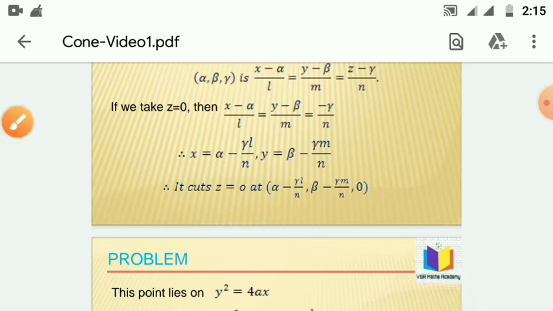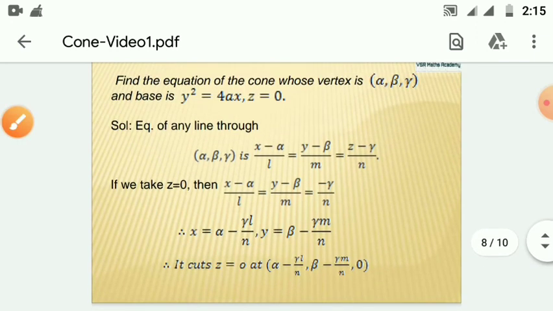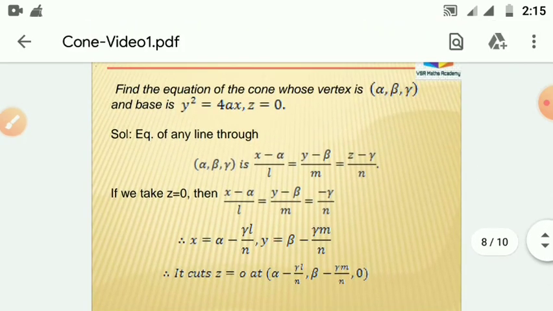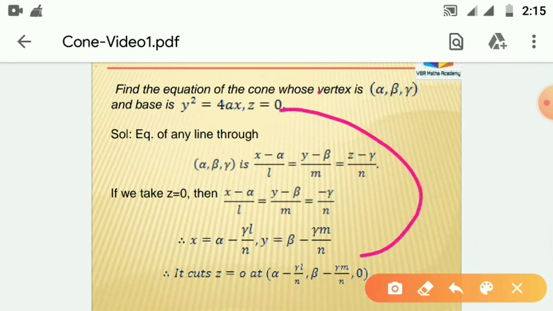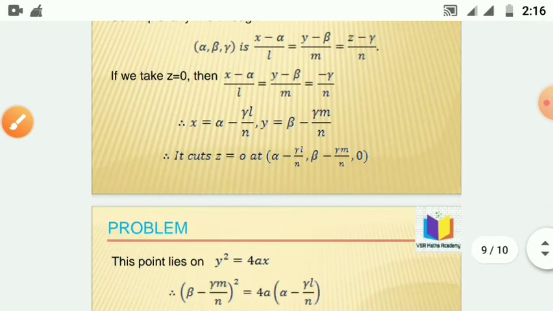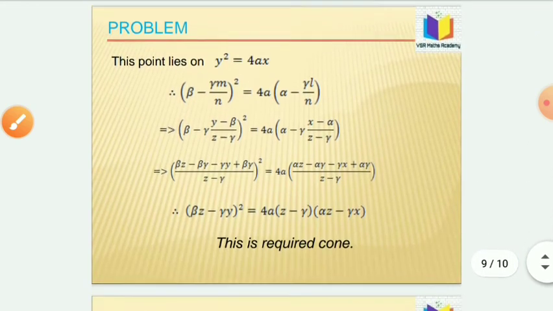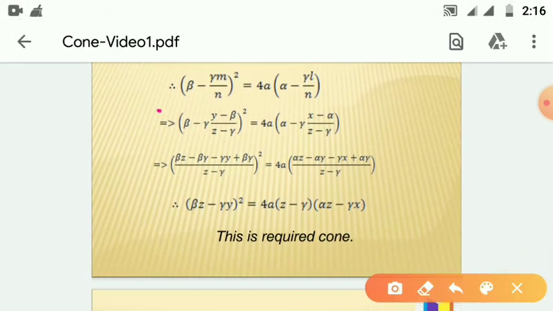That means this point lies on the base curve. Therefore this point satisfies this equation. By substituting these coordinates in y square is equal to 4ax, we get (beta minus gamma m by n) whole square is equal to 4a into (alpha minus gamma l by n).